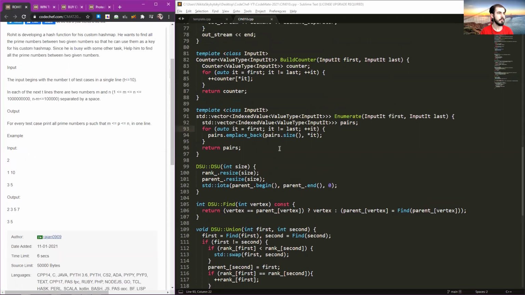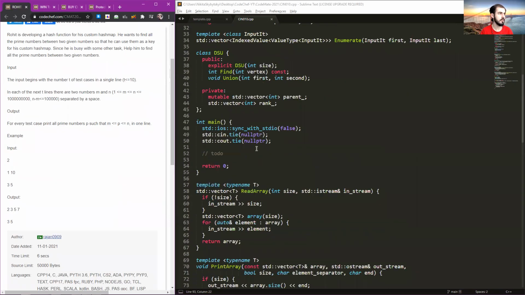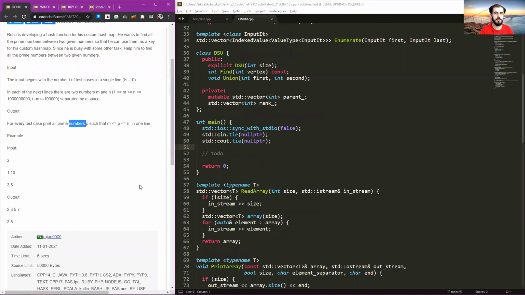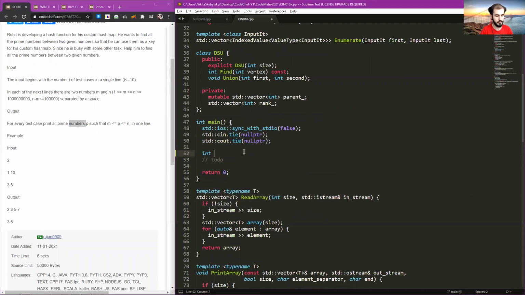Okay. Now my first intention was to make the Eratosthenes sieve, but with such constraints, it does not pass. So probably, or actually we want to print all prime numbers, right? Let's see.